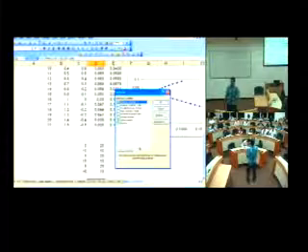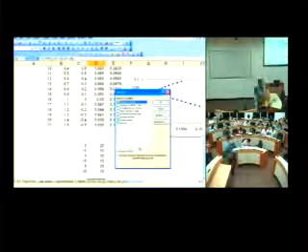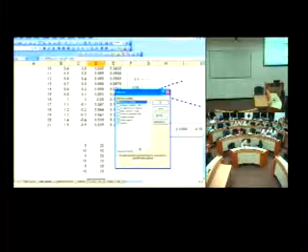In a capital expenditure decision, we typically have a stream of cash flows.